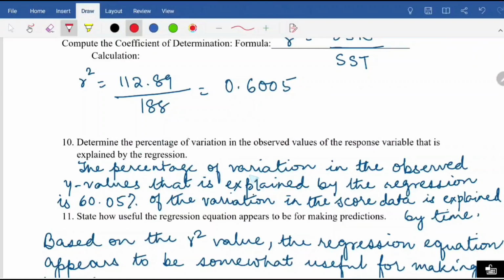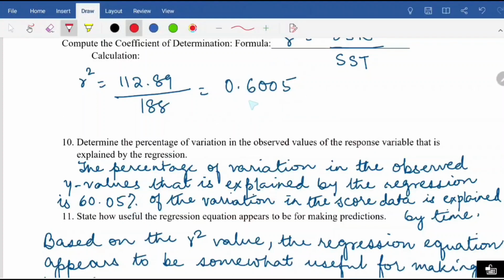So the percentage of variation in the observed y values, I'm just using the wording in the question, the percentage of variation in the observed values of the response variable that is explained by the regression is 60.05%.